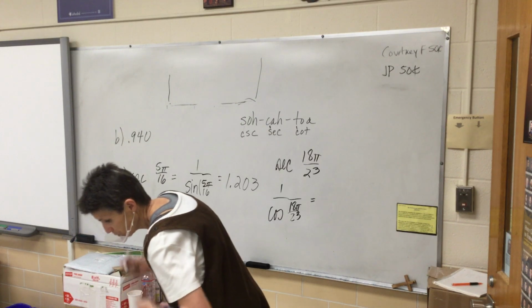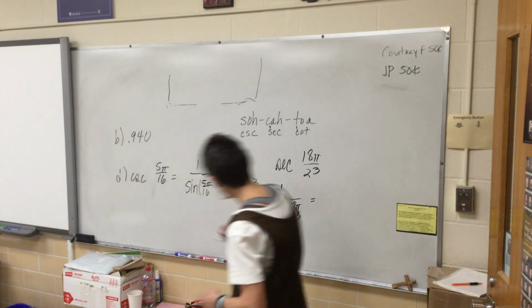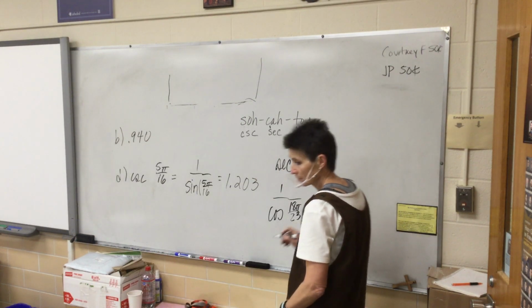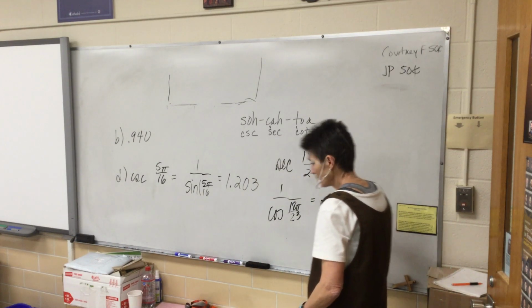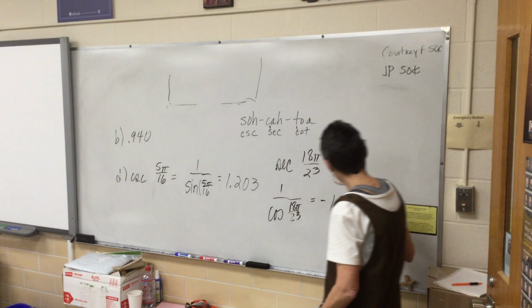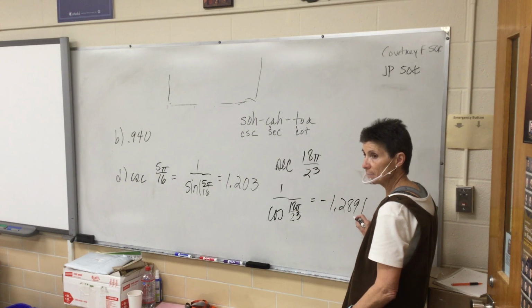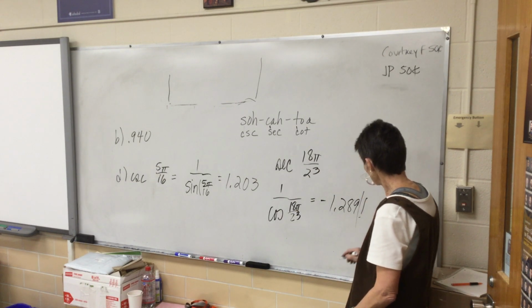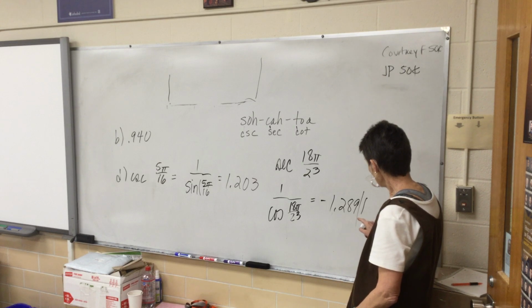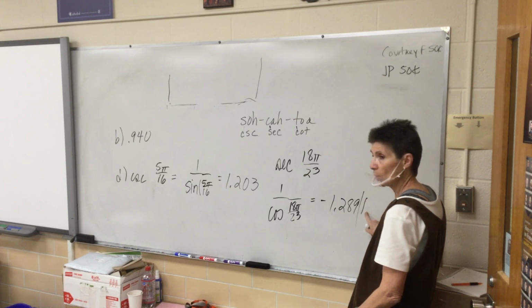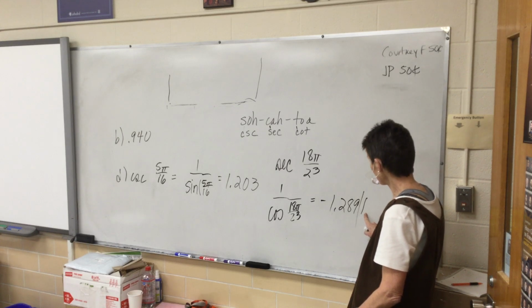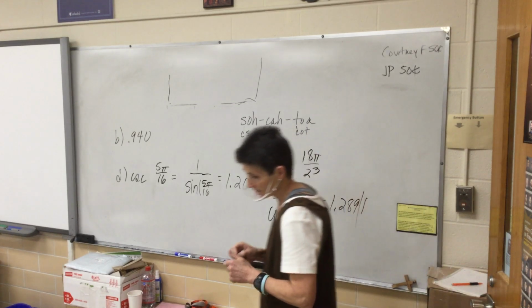Negative 1.289. Wouldn't it be 90 instead of 89? After is a 1. Would a 1 round that up? No, I'm saying, would the 9 round up to 90? I need 3 decimal places, so this is the one that's determining the rounding.